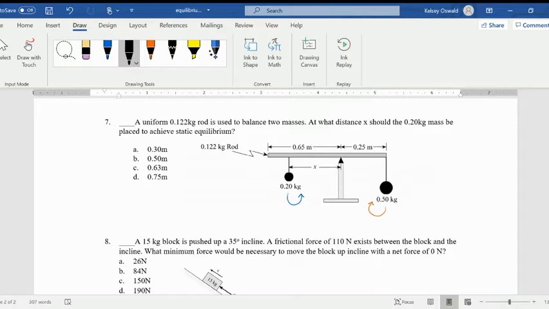Something to keep in mind is that the fulcrum, or pivot point, is not at the center. If the pivot point is not at the center, then we're going to have torque from the rod as well.